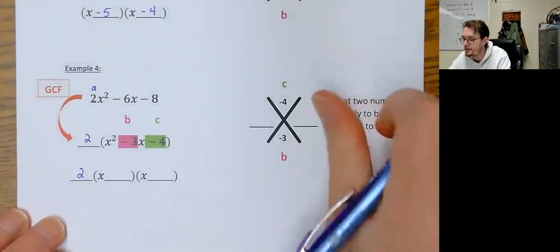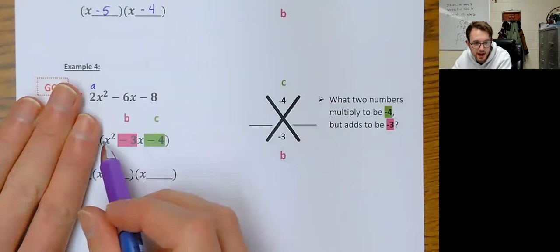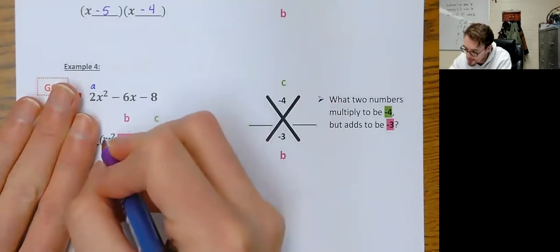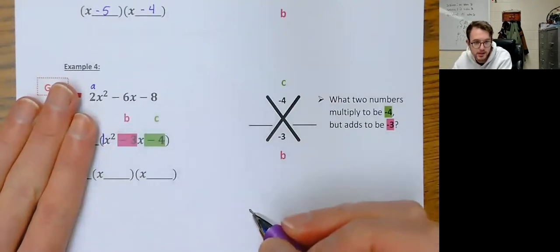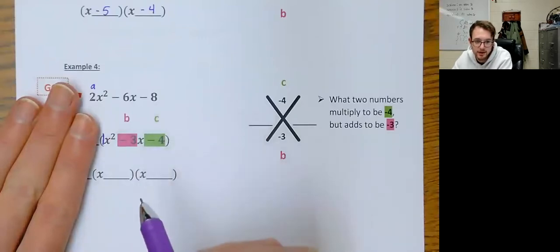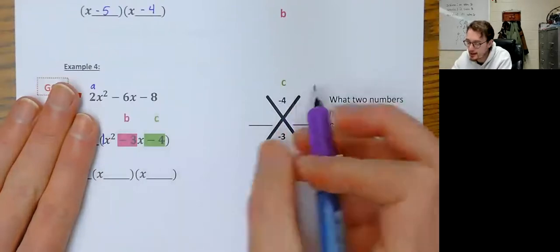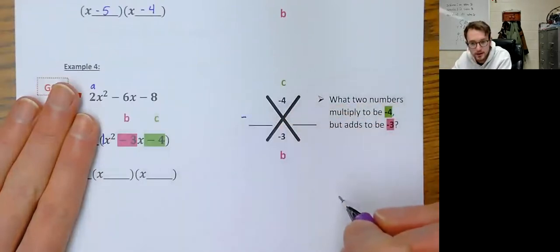So now, not even looking at that 2, and I want to just factor this, my a value is now 1, right? I got a little invisible 1 right there, 1x squared. What multiplies to -4 that adds to -3? And again, when you have a product that's negative, one of your numbers has to be negative.